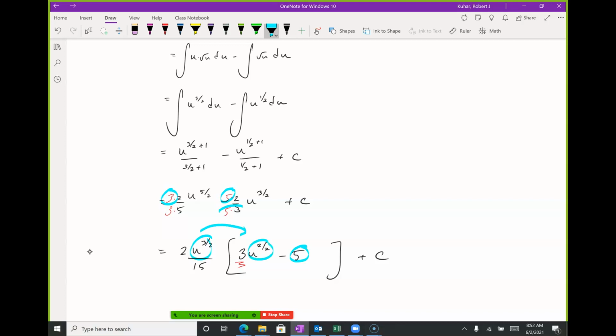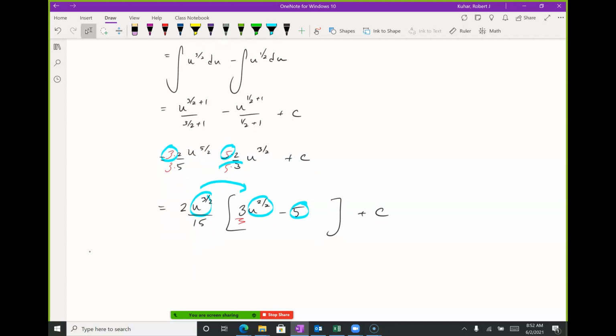U to the 3/2 times u to the 2/2 is u to the 5/2, right? When I'm multiplying like bases, I add the exponents. So it's a little bit easier to see it when you go back the other way. But anyway, I have 2/15 times 1 minus x to the 3/2 times 3 times 1 minus x minus 5, plus c.